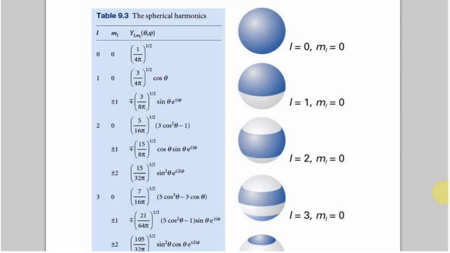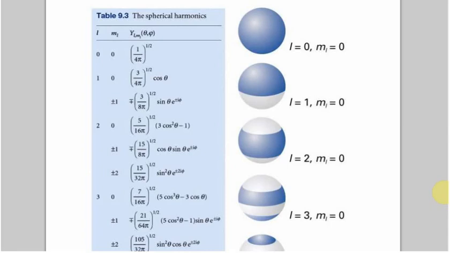Now look at the first one, where n is equal to 0. It's got absolutely no angular dependence, right? So whichever value of theta or phi I take, it should be exactly the same. And that's why it's shown to be spherically symmetric, it's a sphere.